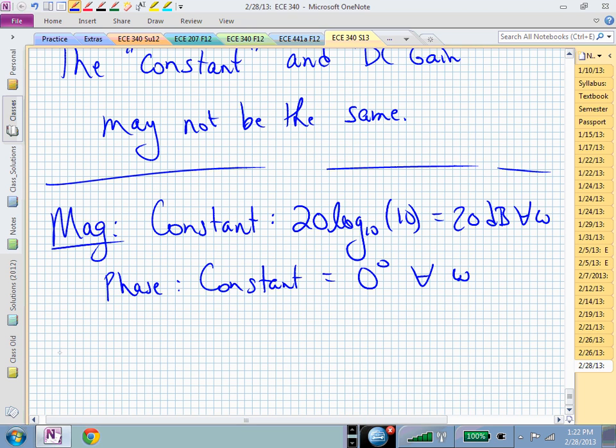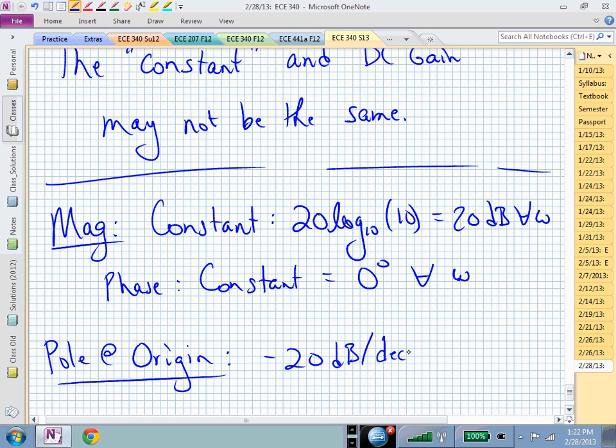Now we have this pole at the origin, and there then are two terms. We had a constant term and a pole at the origin. This now always has a slope, and since it's a pole, it's a negative slope, and it's minus 20 dB per decade. That's the slope.